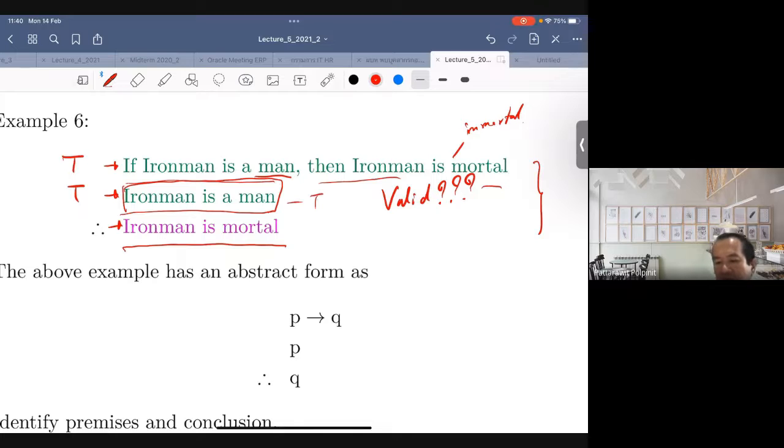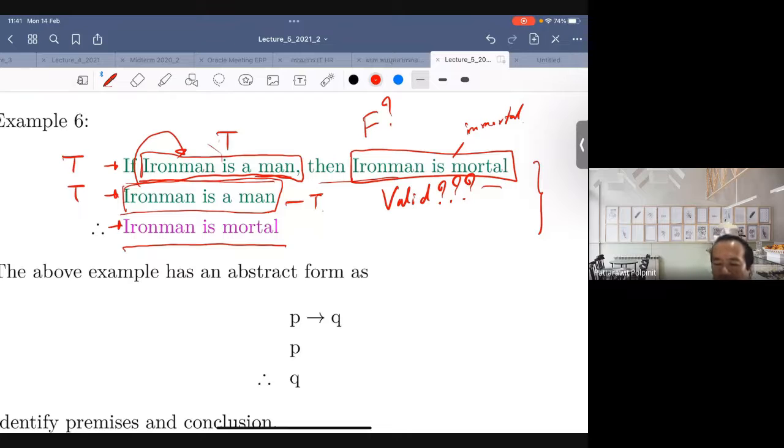Iron Man is a man: we know that's true. However, this is also the hypothesis part of the if-then premise on top, so we know this one is true. Now the question is, if this is true and the whole sentence is true, can the other part be false?